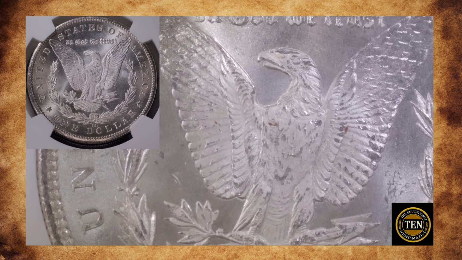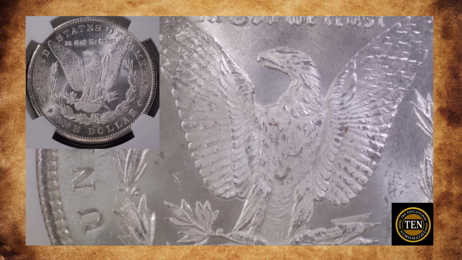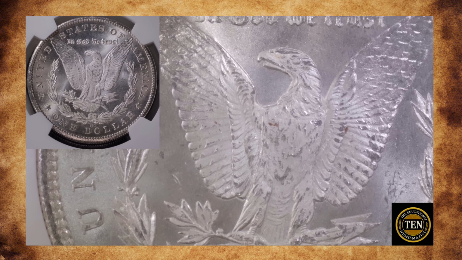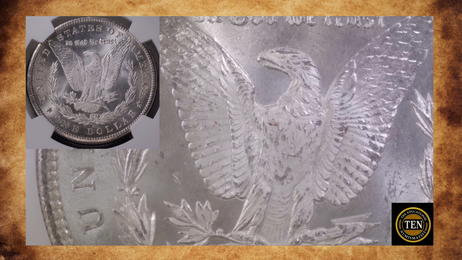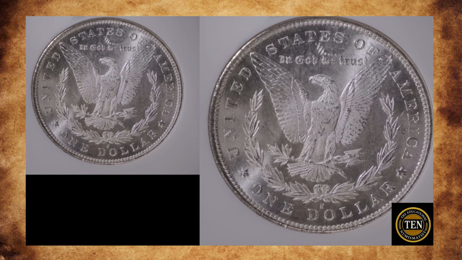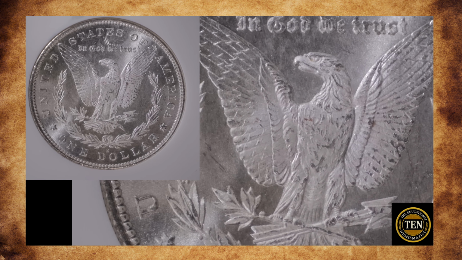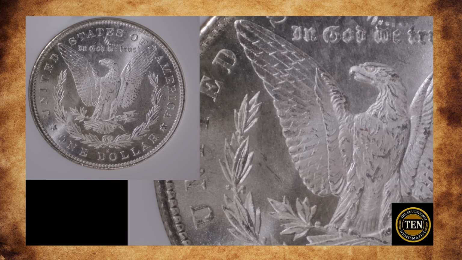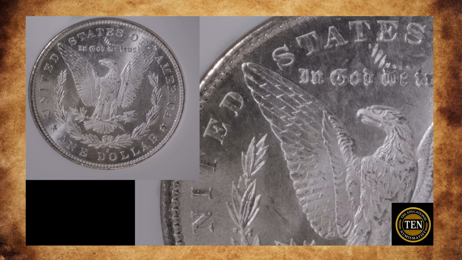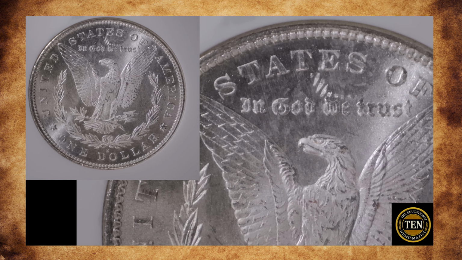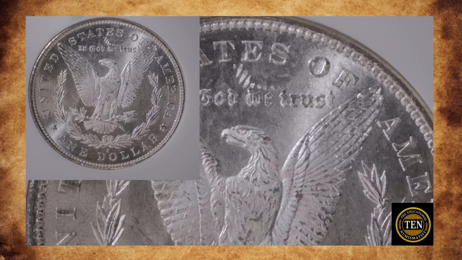On the mint state 64, your eye gets interrupted again. Not once, but multiple times. All right, now take a look at the mint state 65. Again, the marks are there, but they don't really pull your eye.